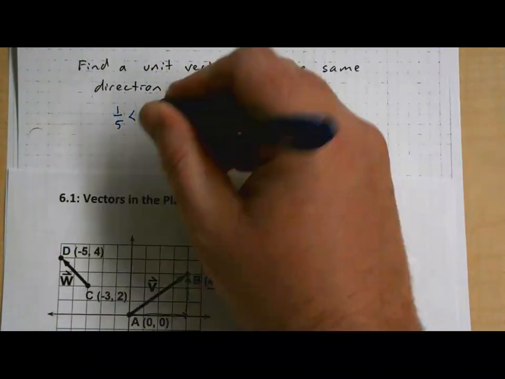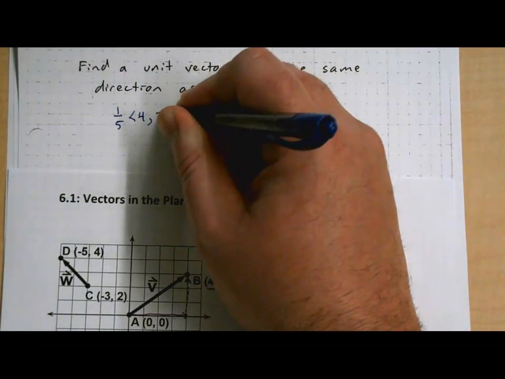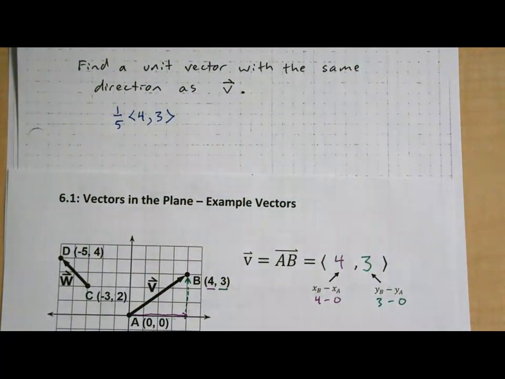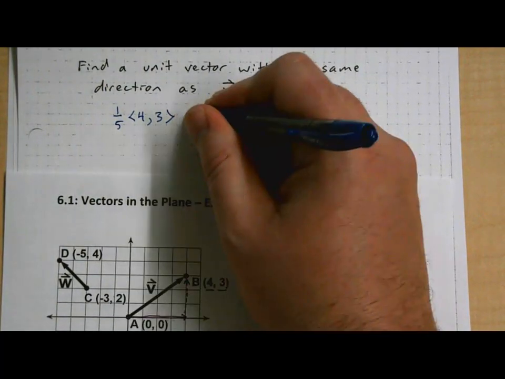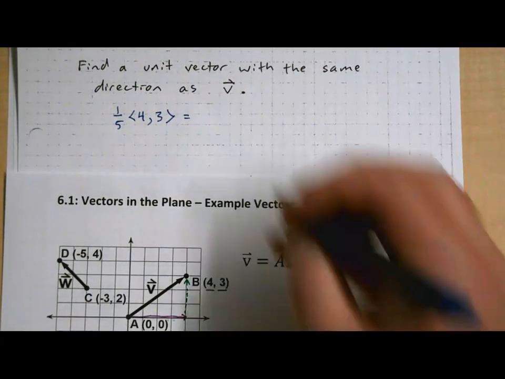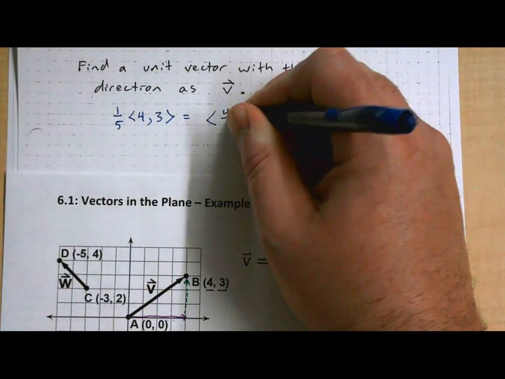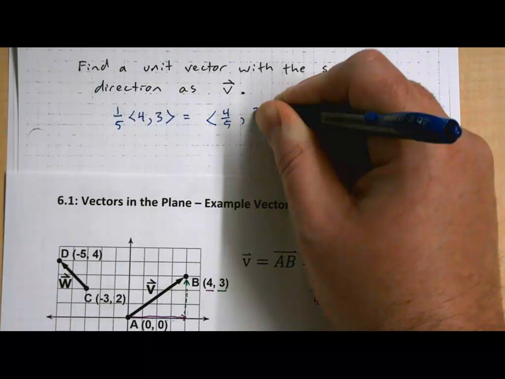Vector v had components 4 and 3. So our new vector that we're hoping is a unit vector would be 4/5, 3/5.